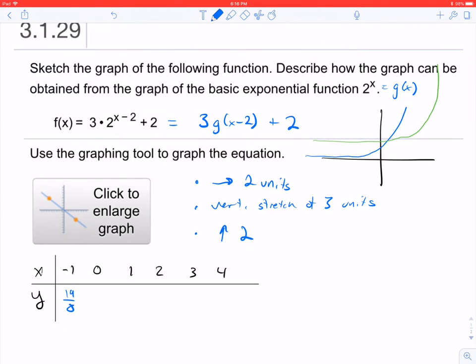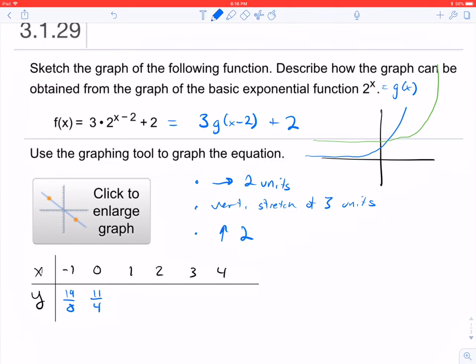Then when x is 0, 2 to the negative 2 is 1 over 4. So you have 3 over 4 plus 8 over 4, which is 11 over 4. When x is 1, that's 2 to the negative 1, which is 1 half.